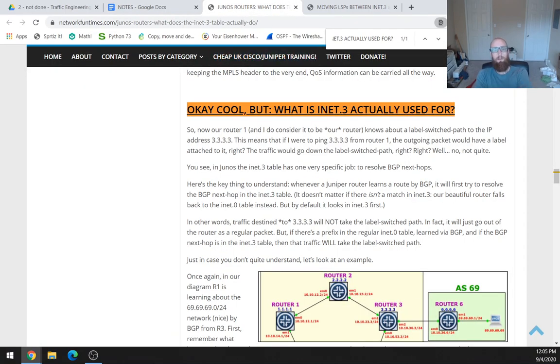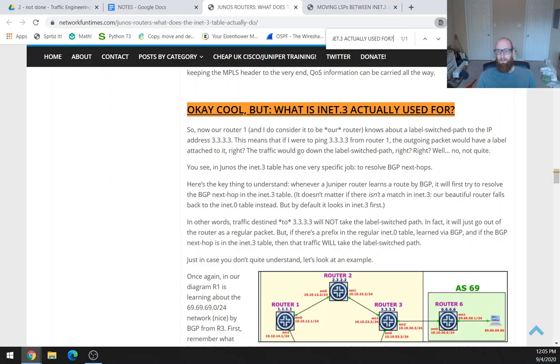So, okay, cool. But what is INET.3 exactly used for? So now our router 1, and I do consider this to be our router, this guy knows about a label switch path to the IP address 3.3.3.3. See, I dived into this thinking it was going to be like the Juniper documentation. I forgot it was written by this guy.